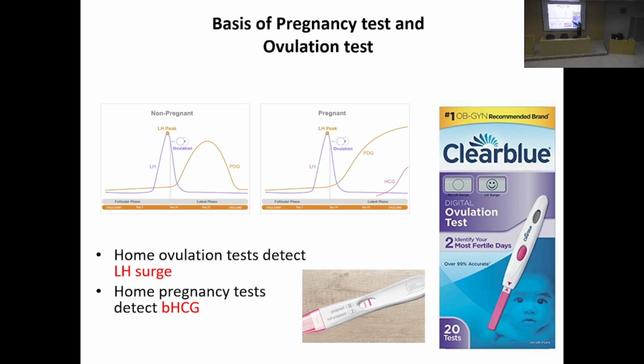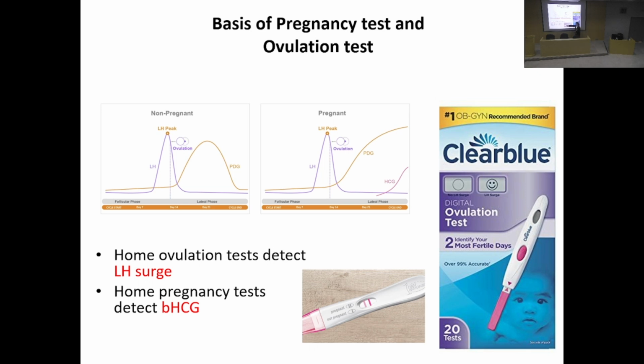Of course, I showed you this, and remember how I said progesterone drops in the luteal phase towards the end if there's no pregnancy, and then you will have the next menstrual cycle. But if pregnancy did occur, you will have a new hormone known as beta HCG towards the end. And this is what home pregnancy tests detect.